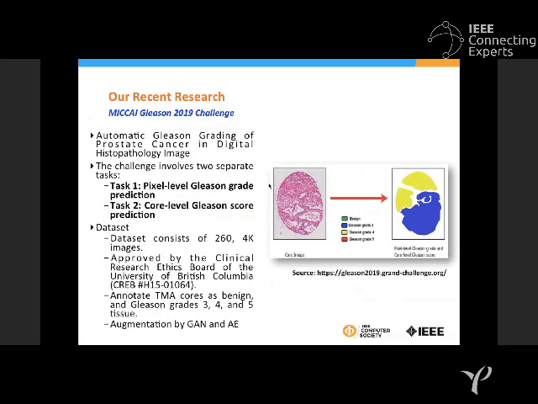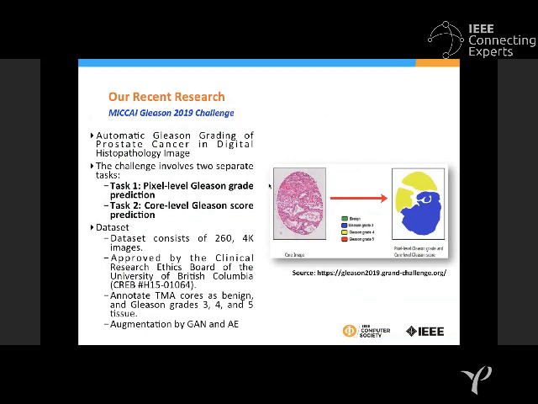The histopathology image is nothing but the biopsy image of the tissue of the prostate, and the Gleason scale is a sort of classification of the malignancy. So a higher Gleason rating of a particular region means a higher grade of cancer, or higher risk of cancer.